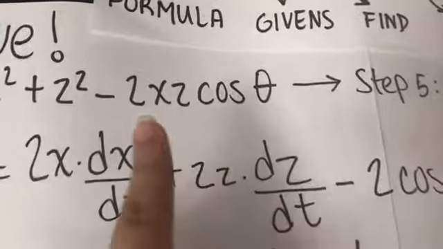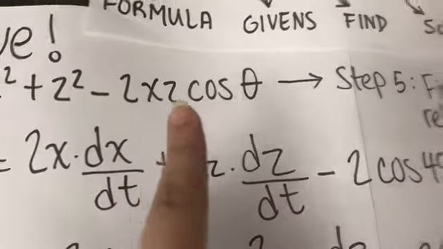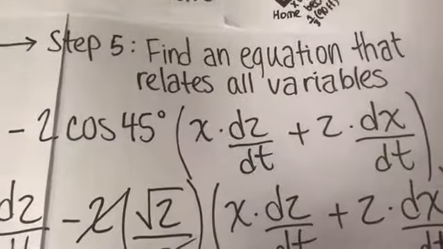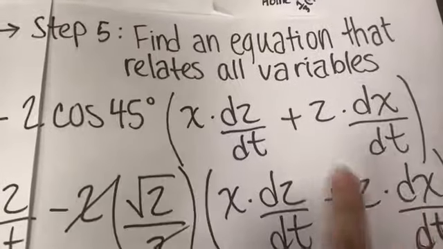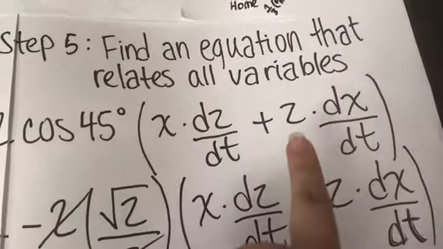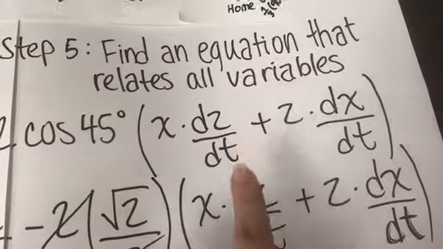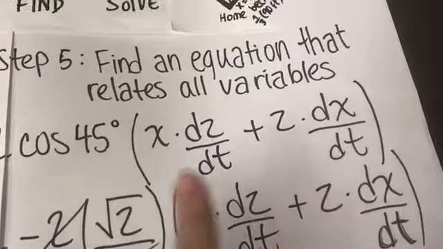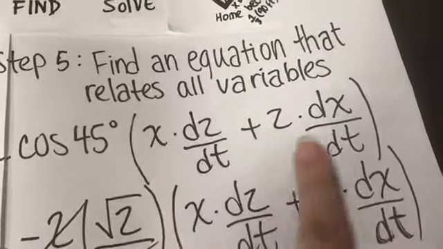And here, as you can see, we have our little product rule. So we have to multiply x times the derivative of c, which is dc over dt, plus c times the derivative of x, which is dx over dt.